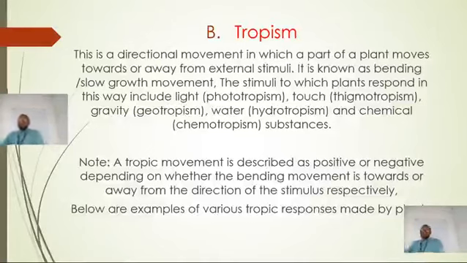Okay, note, a tropic movement is described as positive or negative, just like I've been saying the other time, depending on whether the bending movement is towards or away from the direction of the stimuli, respectively. I've explained this earlier on. Below are examples of various tropic movements made by plants.